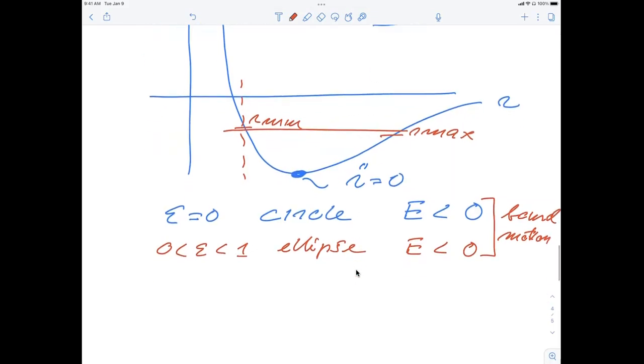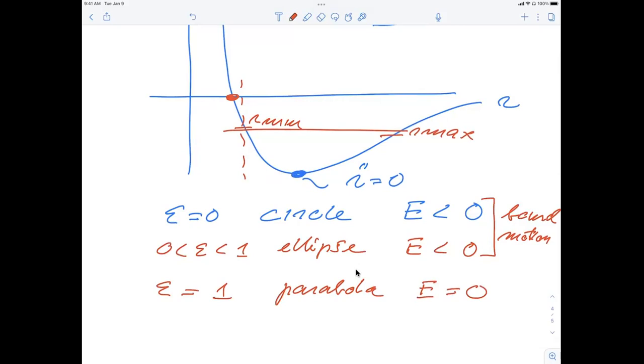Then we have the next situation. Suppose now we are here in this place. That's going to correspond to epsilon equal to 1. This means that we have an ellipse with an infinite elongation, actually. This is going to correspond to a parabola. And E is going to be equal to 0.